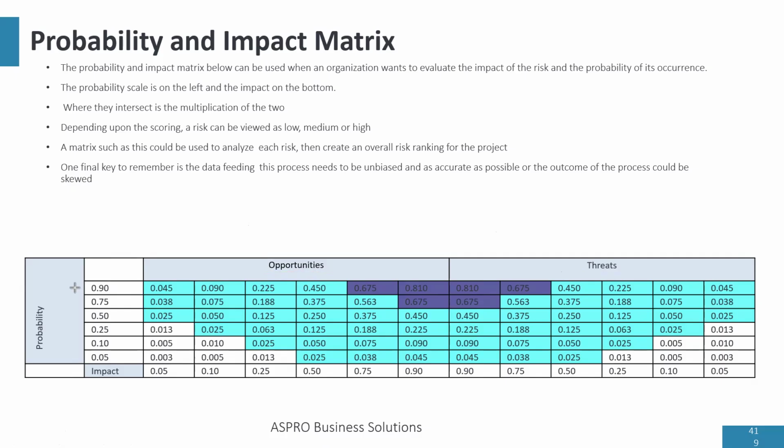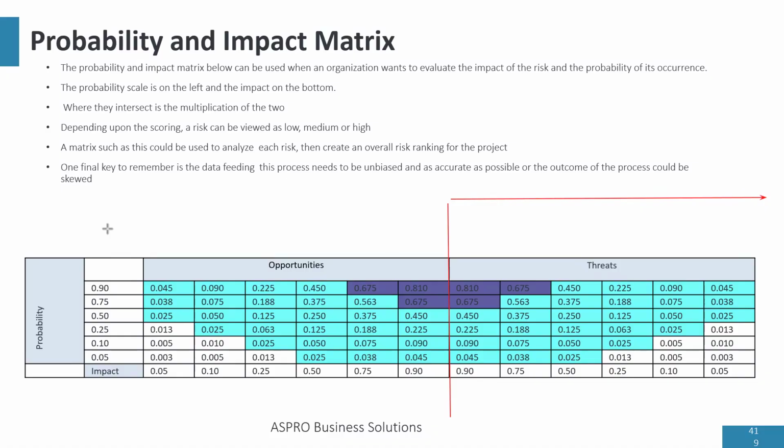We're going to look at the right half because all the risks that we have are threats. If you look at all the risks, you don't see any opportunity; they are all threats. So we're going to use this side of the matrix.